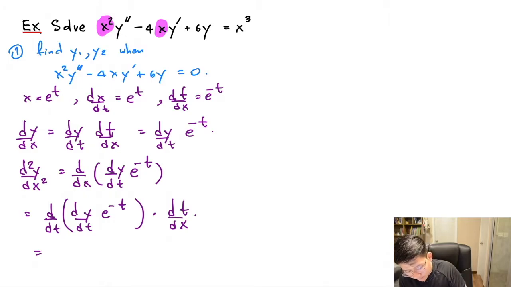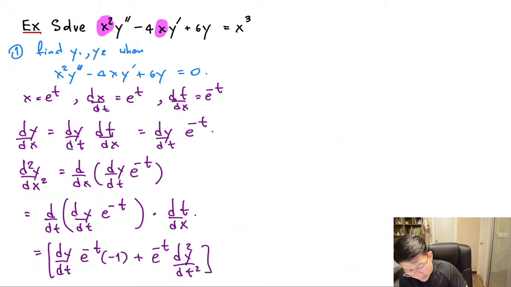So we have dy by dt e to the minus t times minus 1 plus v du, times dt by dx, which is e to the minus t.